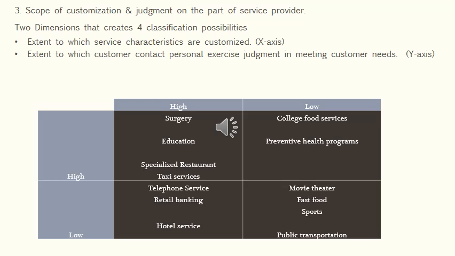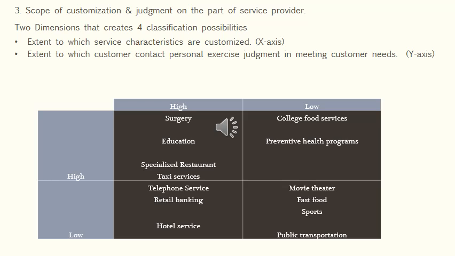Third most important is the scope of customization and the judgment on the part of the service provider. Two dimensions create four classification possibilities: the extent to which the service characteristics are customized, and the extent to which the customer contact person exercises judgment in meeting the customer needs. It's divided into high-high, low-low, and high-low, low-high.